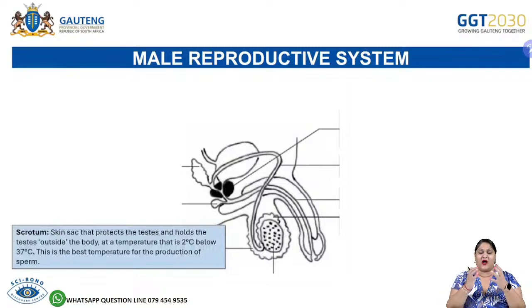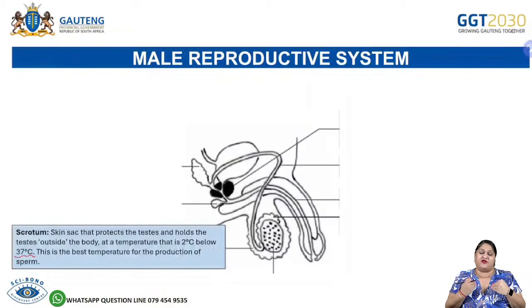Okay, testes are held outside the body. It's very important that you know that. And it's kept at a temperature which is 2 degrees Celsius below 37 degrees. So 37 degrees is our normal body temperature, okay, inside.